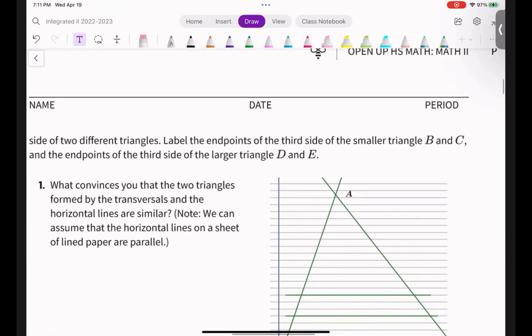So you should see that there's this triangle here, right? And then because of that parallel side, there's going to be another triangle that looks like this here.